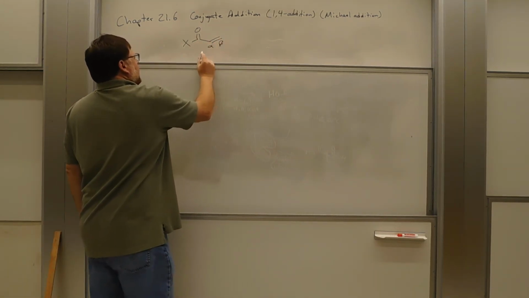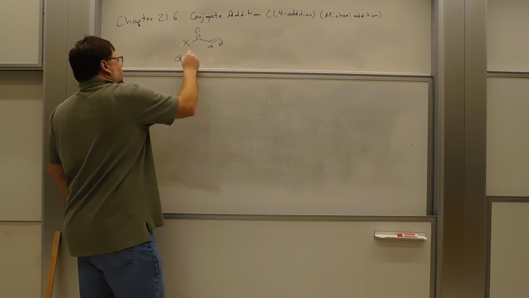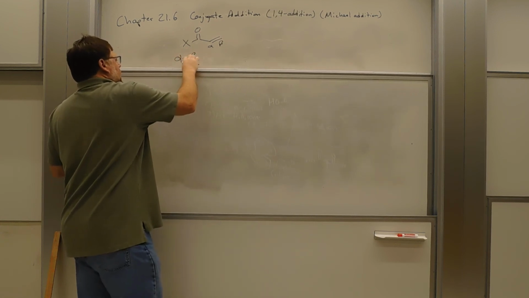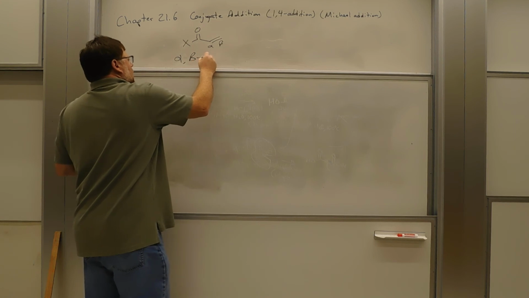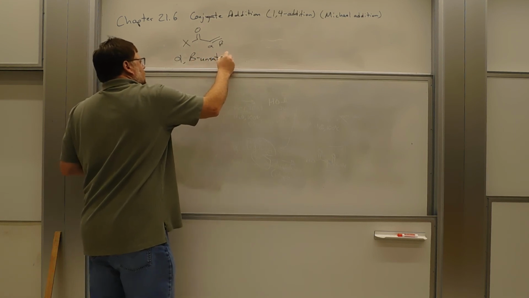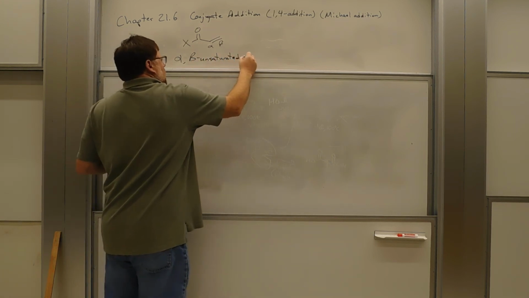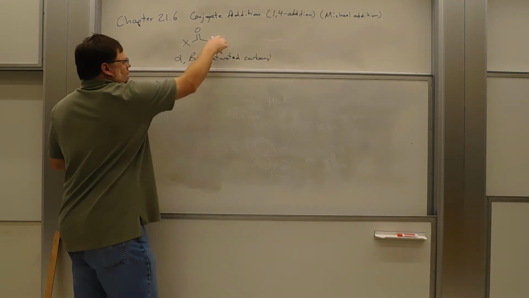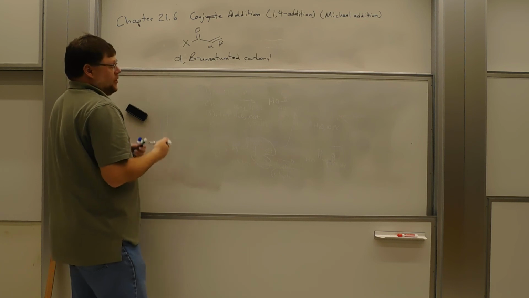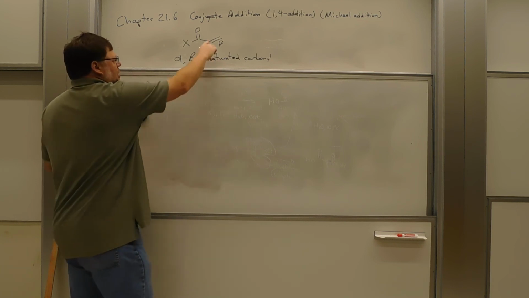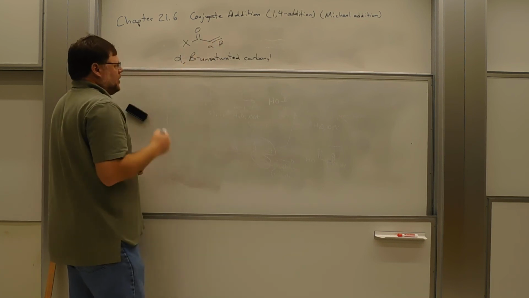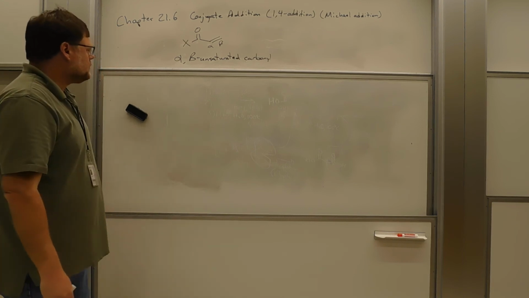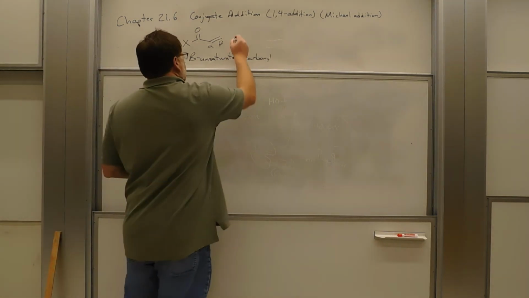We would call this an alpha, beta, sorry, there's a comma there, unsaturated carbonyl. So the alpha and beta carbons are unsaturated. They have an alkene, could be an alkyne, and in fact you can have other atoms in there, but it's almost always an alkene.